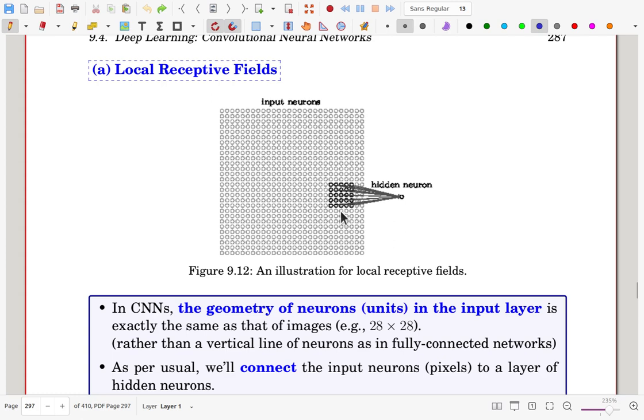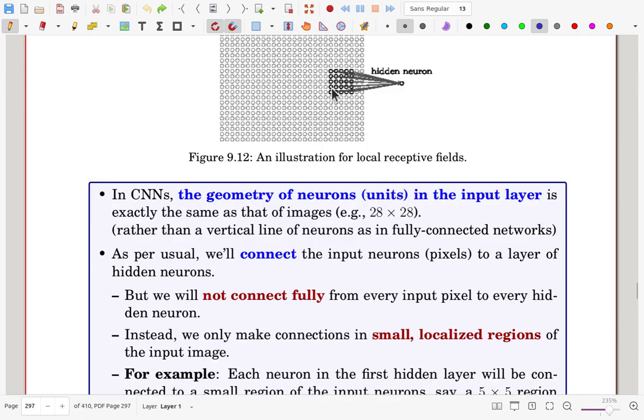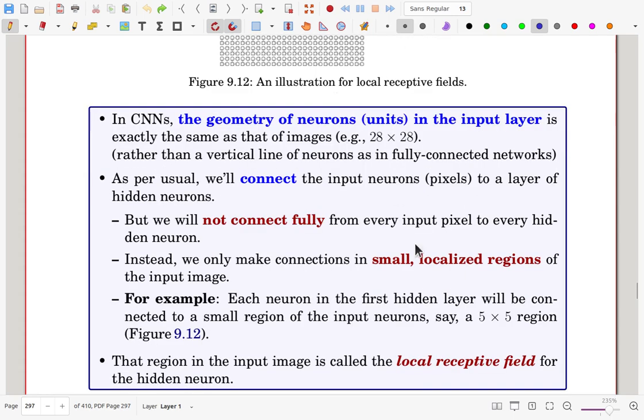Rather than fully connecting the network, we consider only this small area, in this case 5 by 5, whose values will be connected to a hidden neuron. Such a small localized region is called a local receptive field.